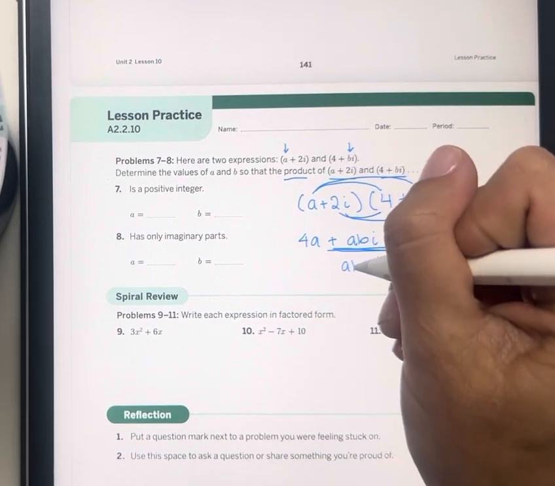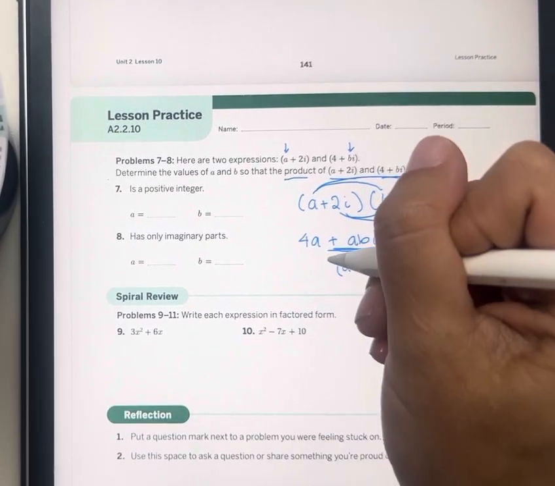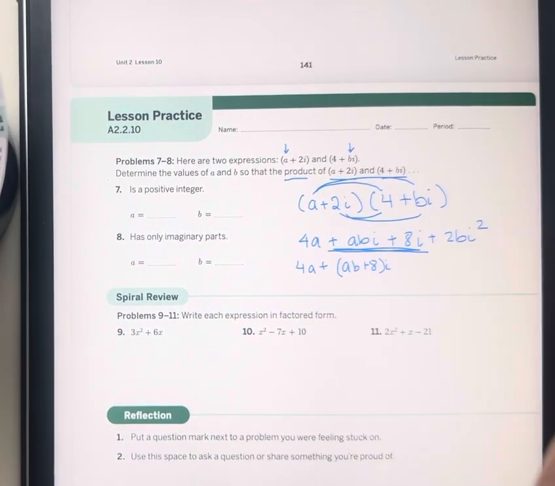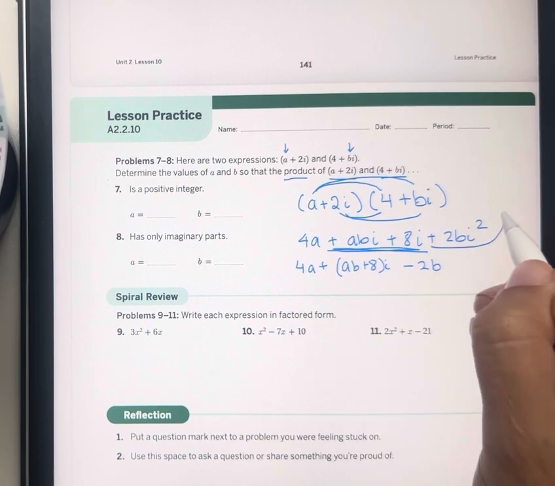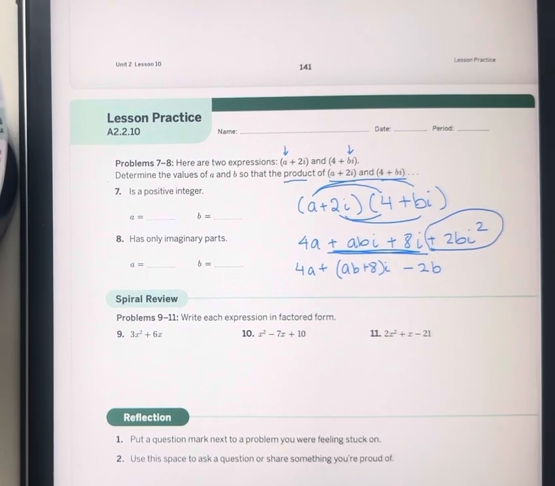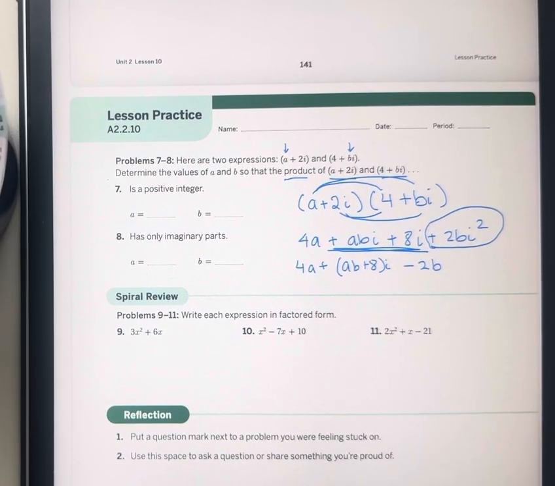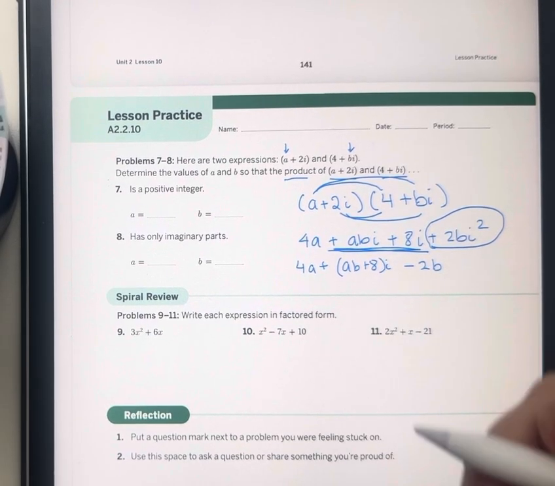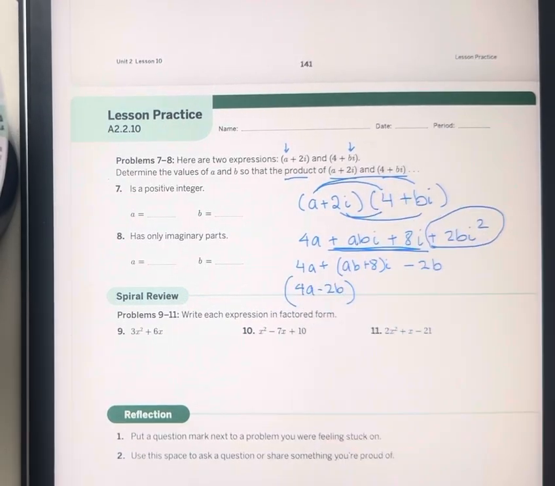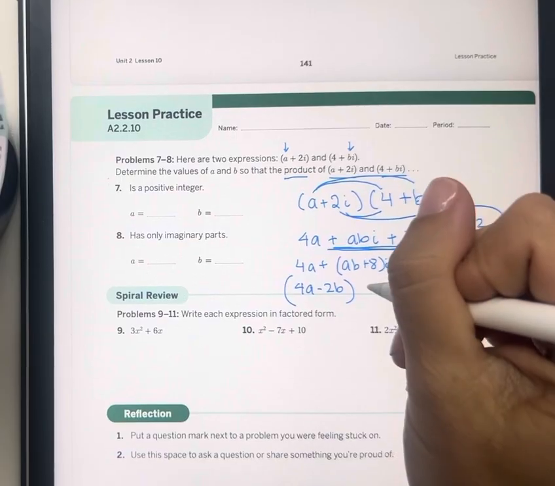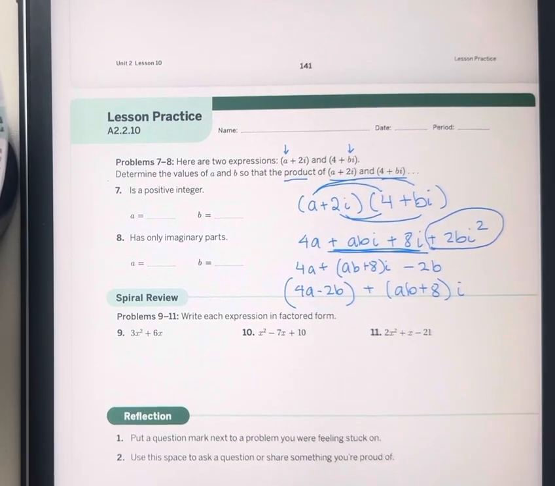So this is ab plus 8i. And then this is 4a. And then over here, this is minus 2b right here, because remember that i squared is negative 1, and it's going to change 2b to a negative 2b. And now, even though this doesn't look like it, 4a minus 2b, that's just a number. And ab plus 8, that's just a number.